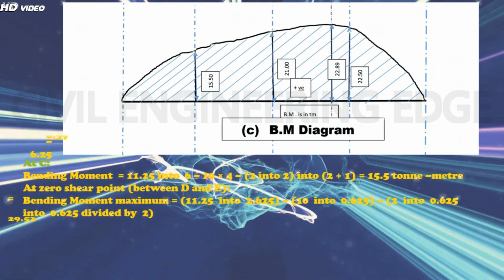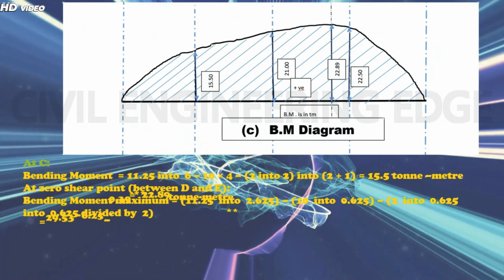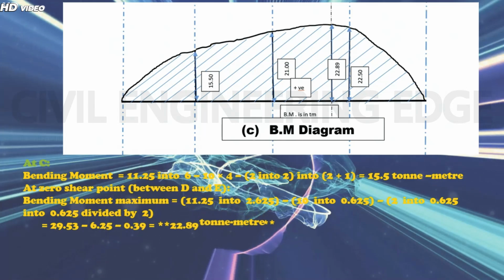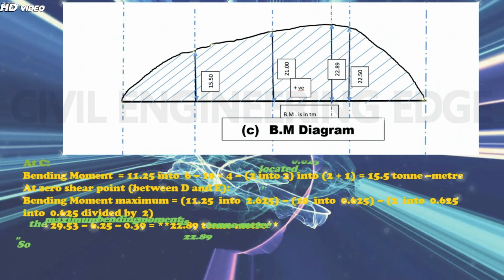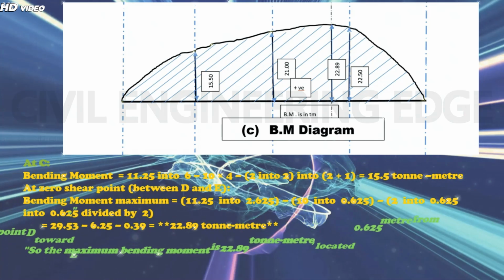At C, bending moment equals 11.25 into 6 minus 10 times 4 minus 2 into 2 into (2 plus 1), which equals 15.5 ton meter.